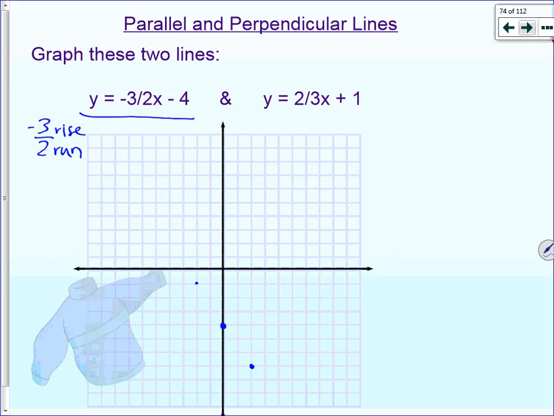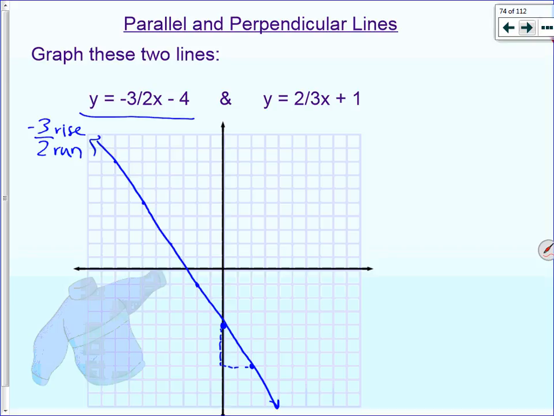Up 3, up 3. Did I do that right? 1, 2, 3, over 2. 1, 2, 3, over 2. Okay. -4 is my y-intercept, and then down 3 and over 2. Down 3 and over 2 is my slope.